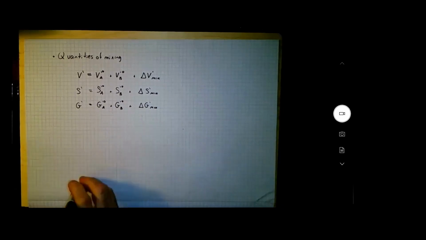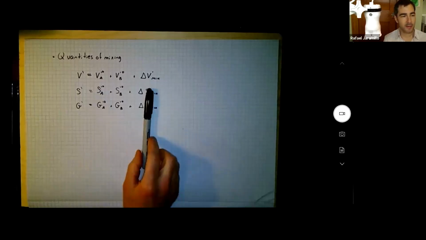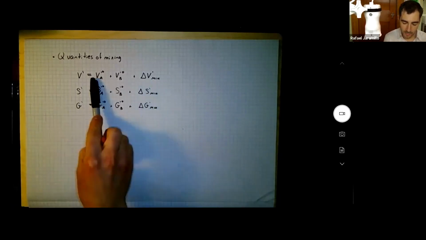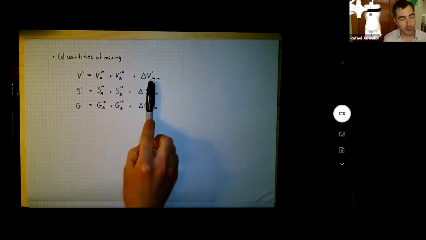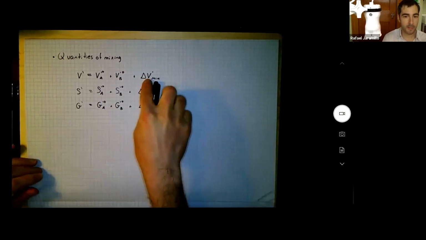Sometimes it's larger, sometimes it's smaller. You shouldn't think that it should be bigger because we mixed it, so the system got bigger. It's the volume of A plus the volume of B plus however it changed. So if there are chemical interactions that cause the molecules to pull more closely together than they do when they're unmixed, then that volume term is negative.